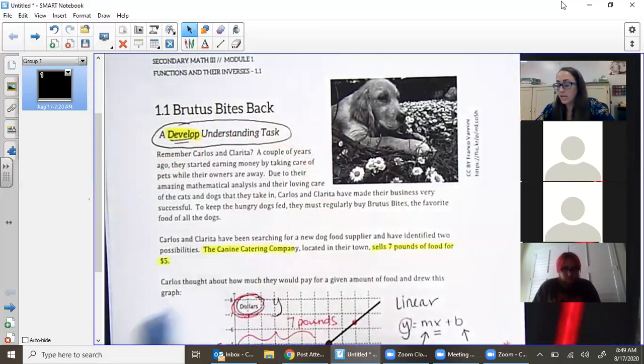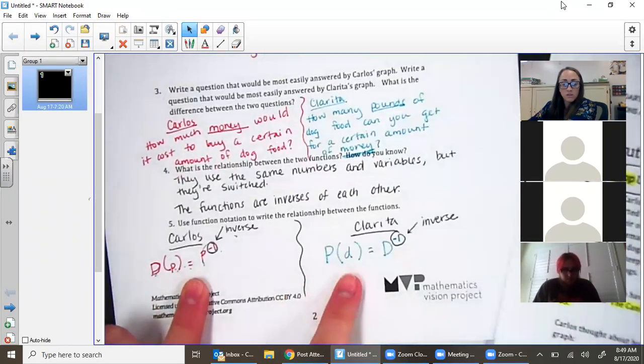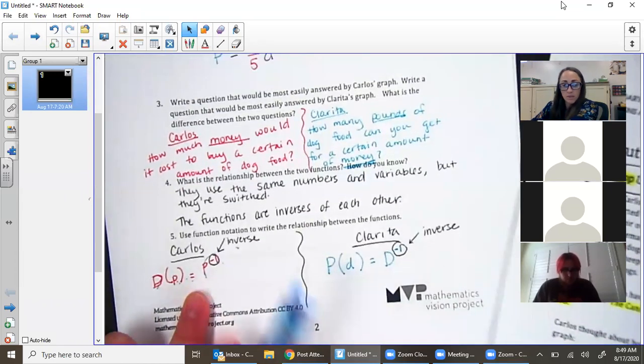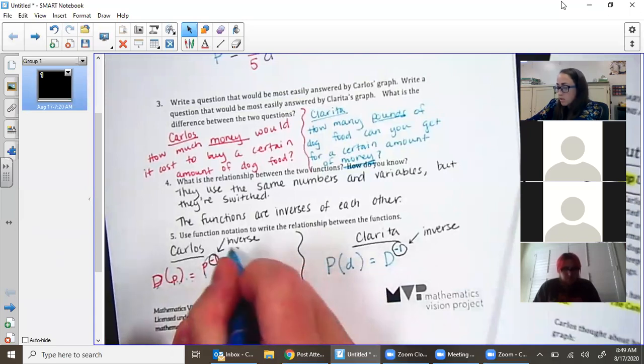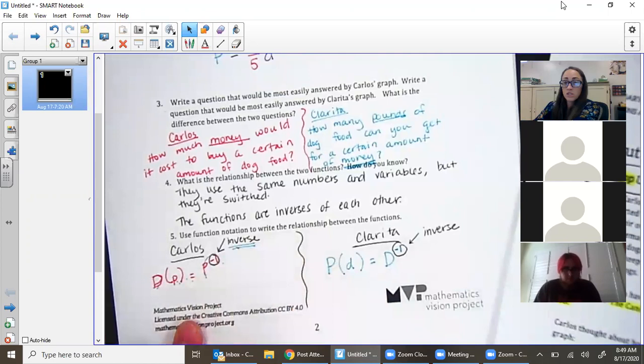Okay, so we're going to get more into this later on. This part should probably be a little confusing for you guys, because that's something that you haven't seen yet, but they just want you to be exposed to it. They want you to understand that this little -1 sign means inverse, but we're going to talk a lot more about inverses.